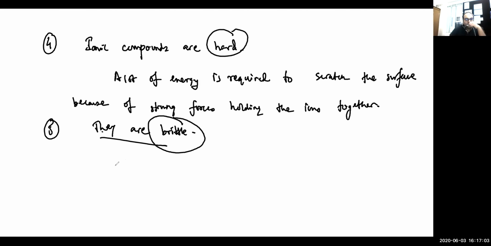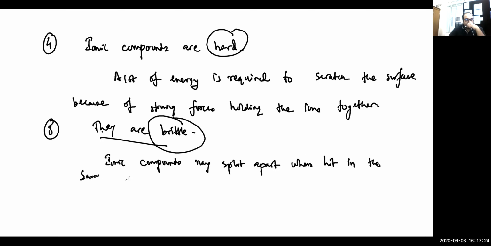So ionic compounds may split apart when hit in the same direction as the layers of ions.